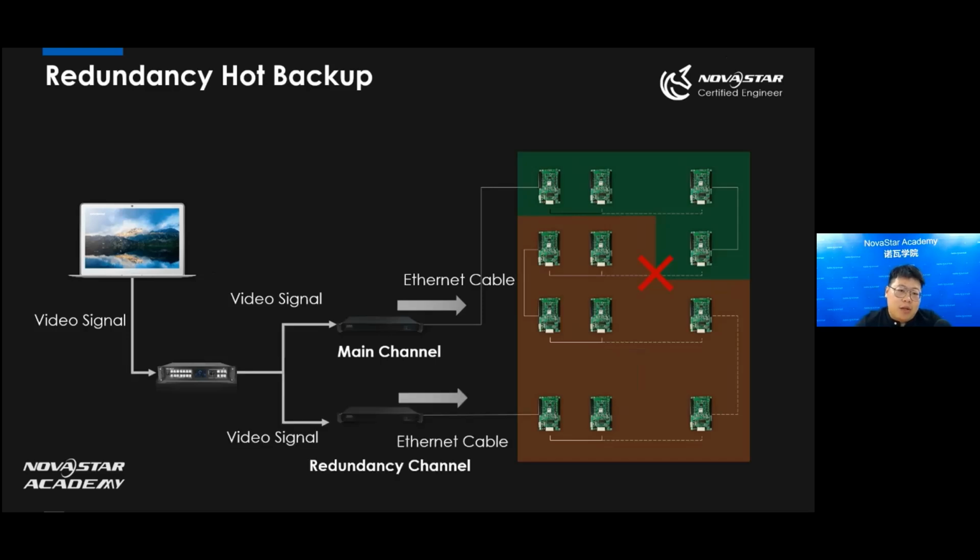So the video source will go to another sending card and transmit the data by the redundancy channel. So this is the principle of backup. The signal comes back and the LED screen will show the image as normal.